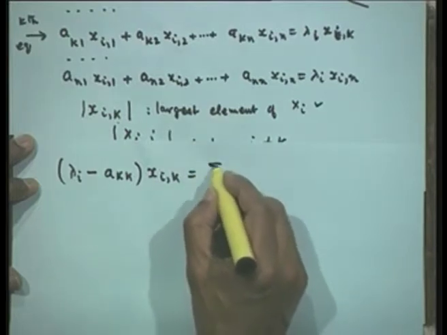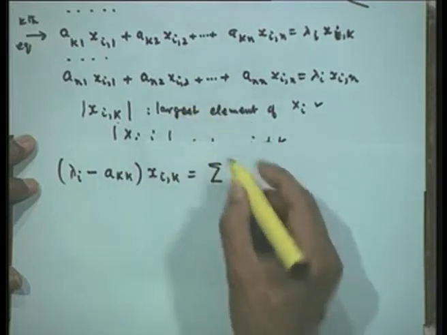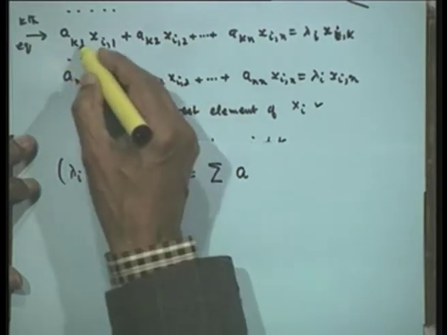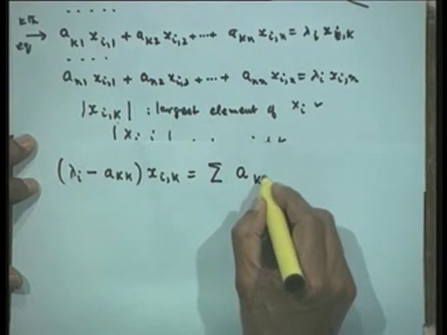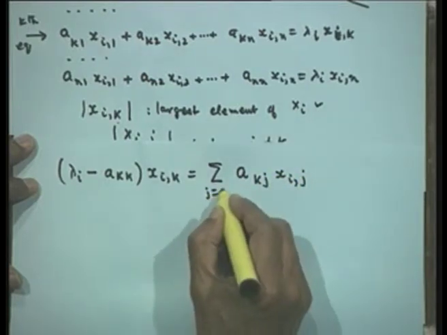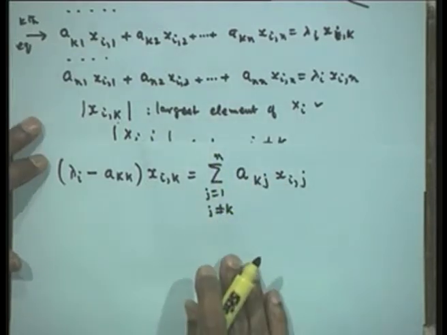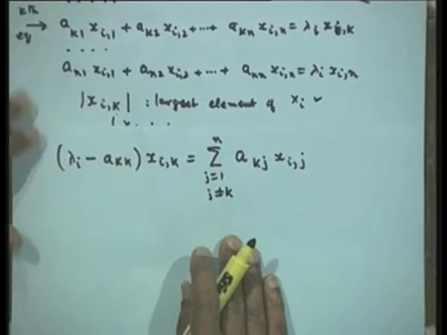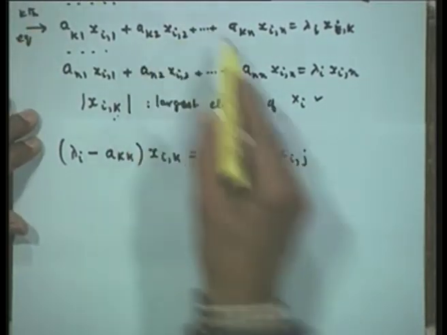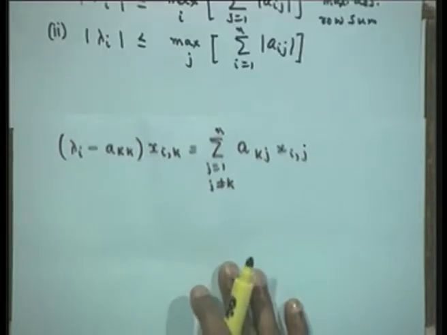Then I write the remaining elements of this particular row in summation notation: the sum of akj xij, j from 1 to n, j not equal to k. I have taken all the elements except the term corresponding to j equal to k.